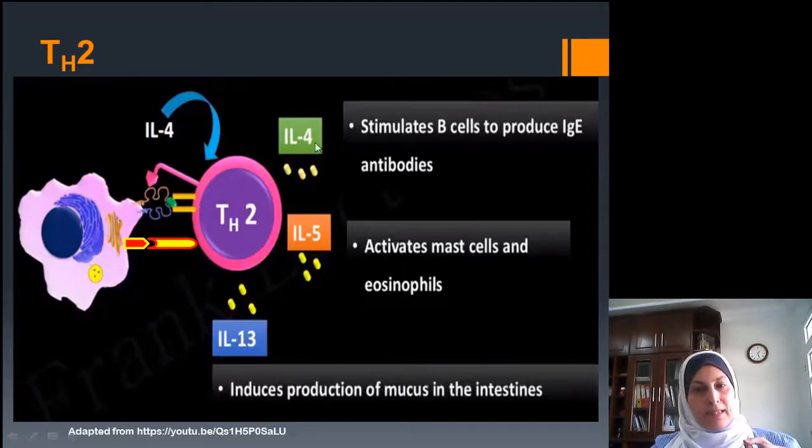Interleukin 4 stimulates B cells to produce IgE, which is important for attacking the parasite. Interleukin 5 activates mast cells and eosinophils, which also are important for parasitic infection. And interleukin 13 is important for production of mucus in the intestine, which would help to get rid of the parasitic infection.